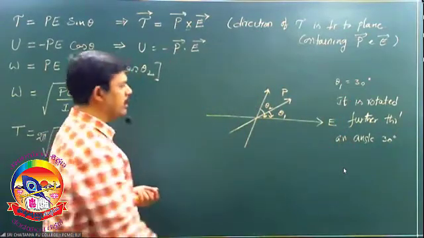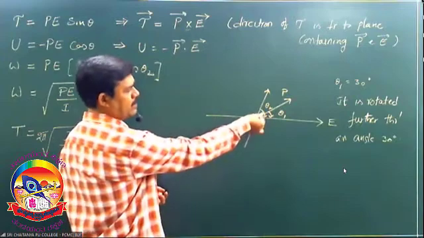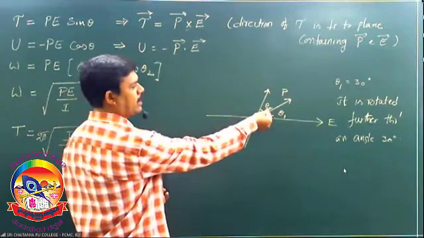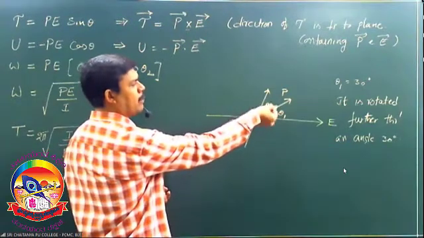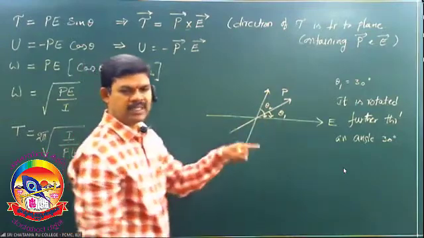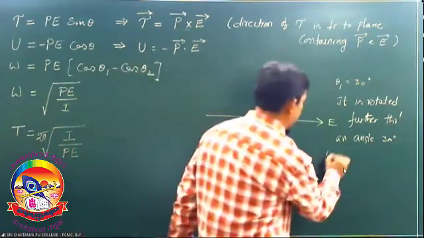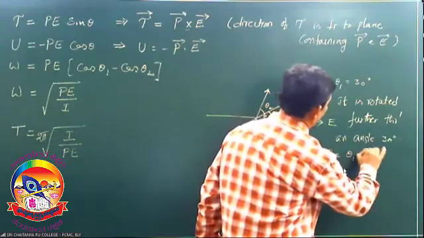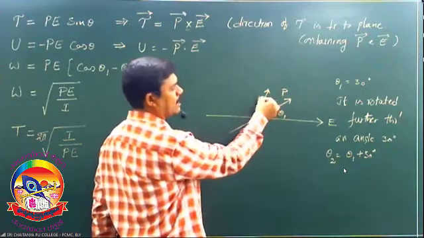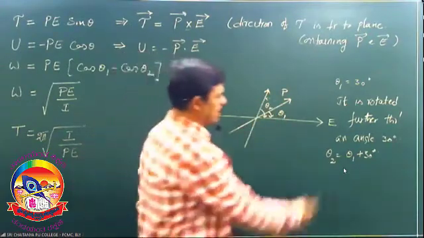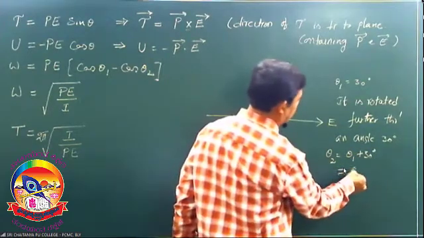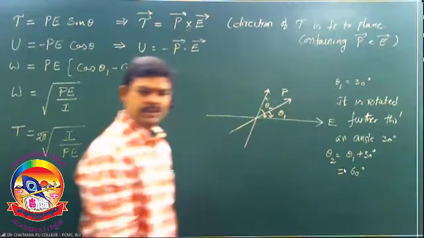What does it mean? Initially, the dipole is like this, making an angle 30. From here, it is rotated further through 30. So what is the total angle with the field? Theta 2 is theta 1 plus 30, that is 60 degrees, right?